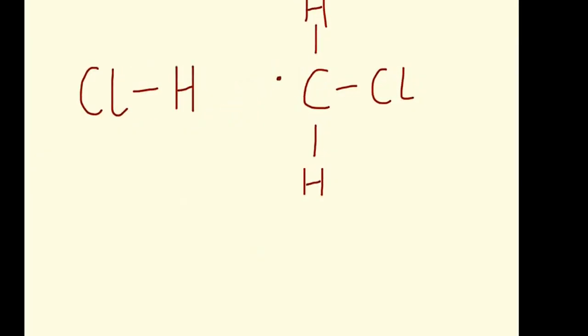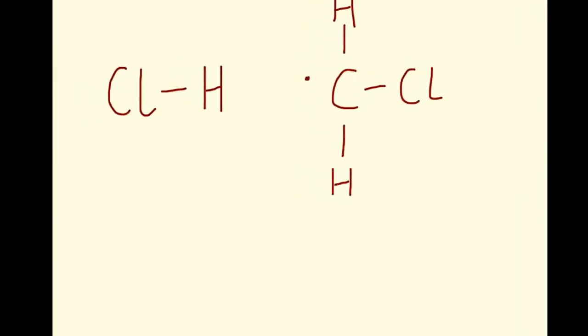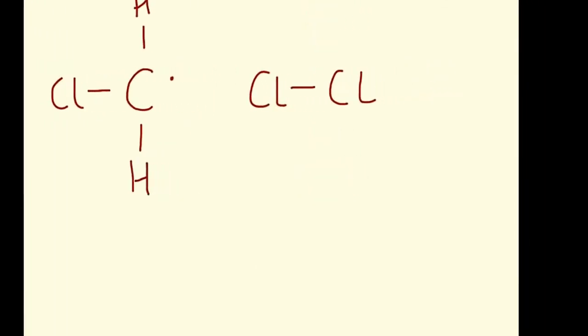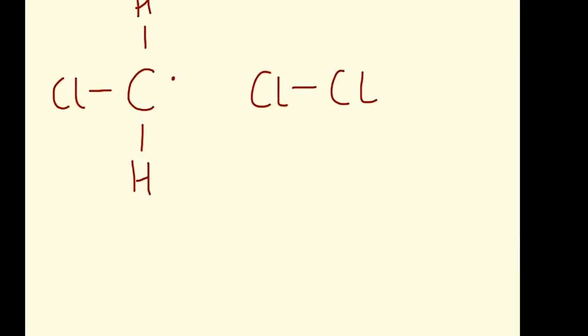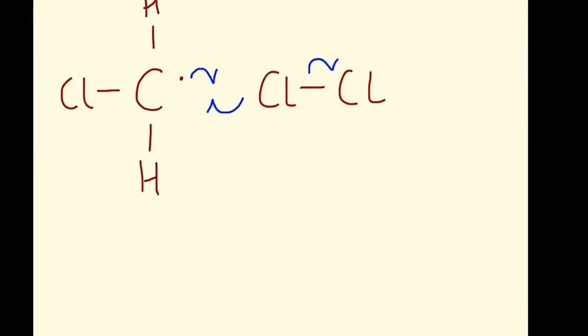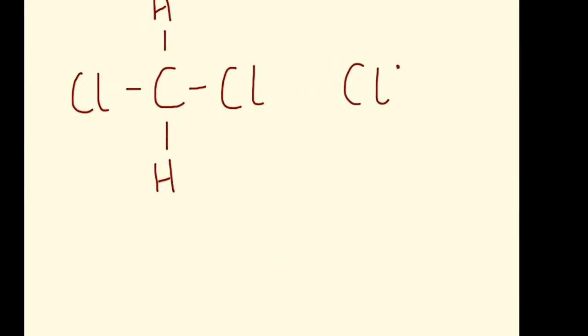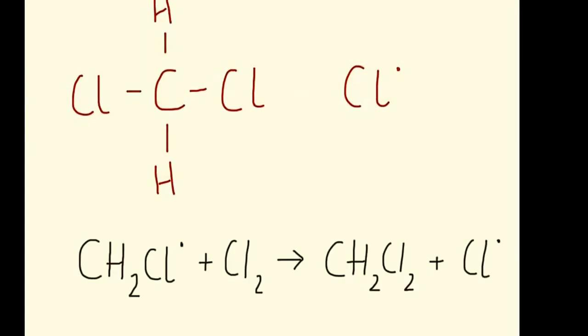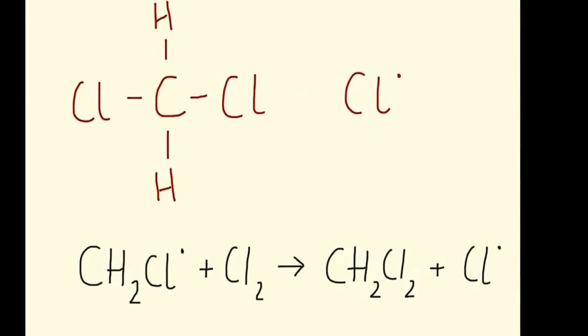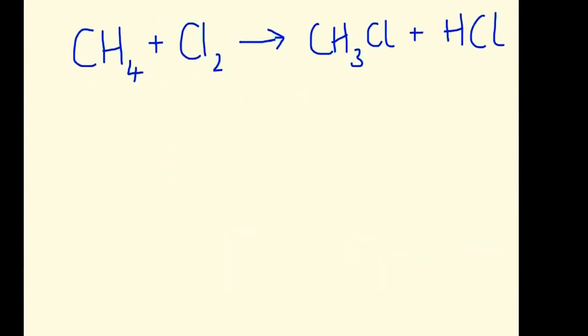That chloromethyl radical can then come into contact with another chlorine molecule. See, what's happening now is that we've actually now substituted two of the hydrogens on the methane for chlorine atoms. There's our overall equation for that step, and there's the overall equation for what's happening.